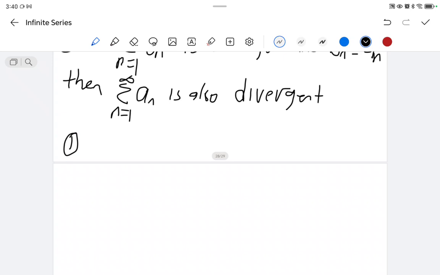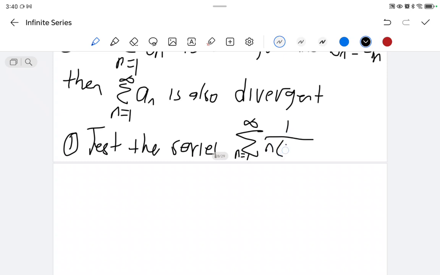We say that now we're given, say, test the series summation n from 1 to infinity of 1 over n plus 2. You see, this question can be solved even though this question is for telescoping, right? You can still use another method, right? Comparison test.